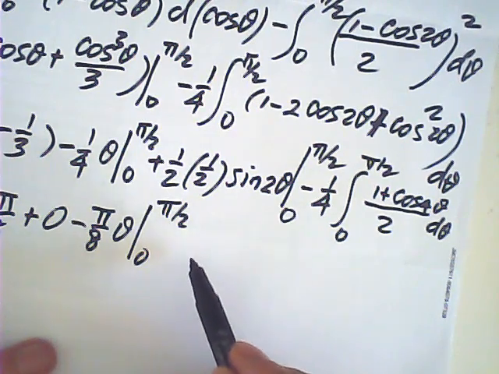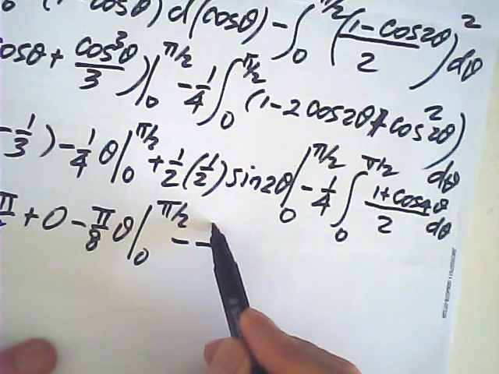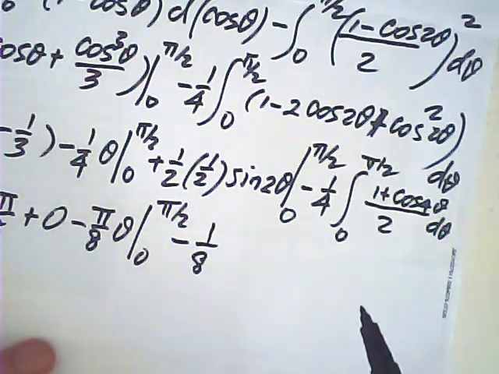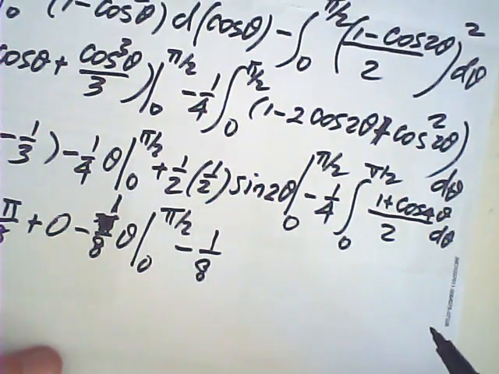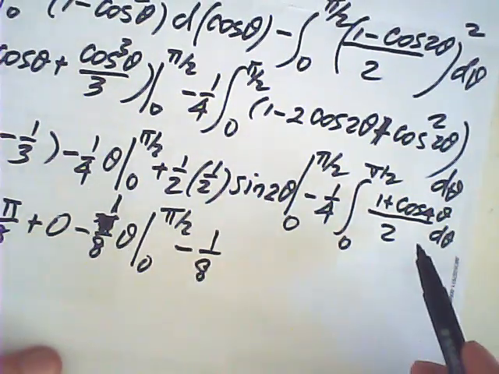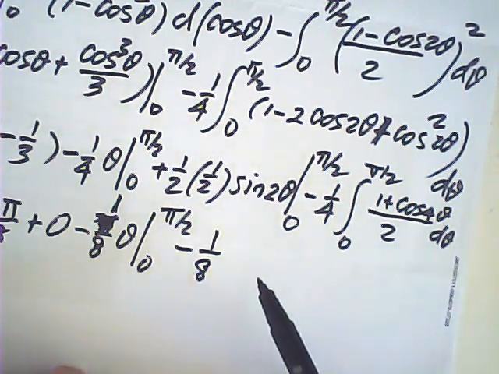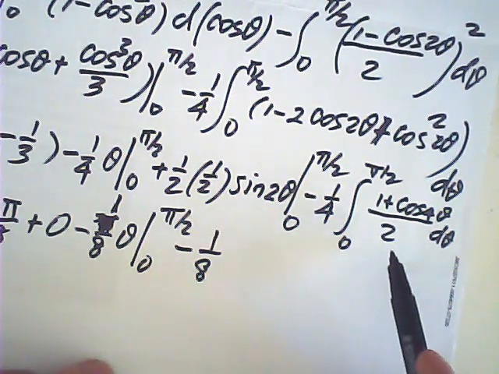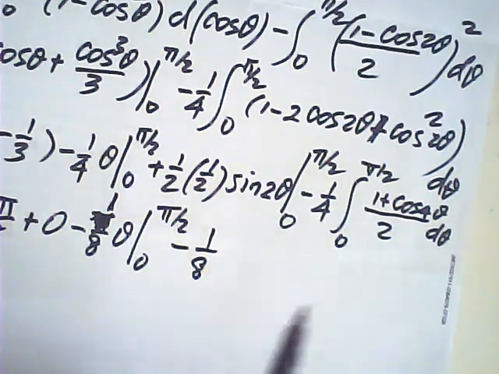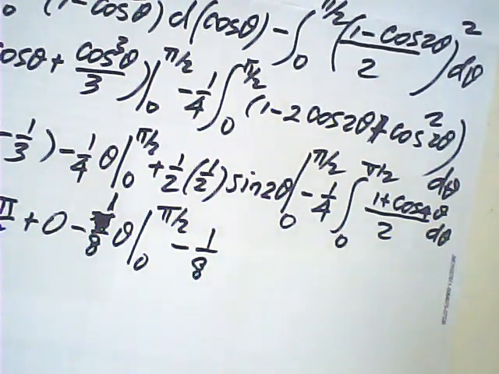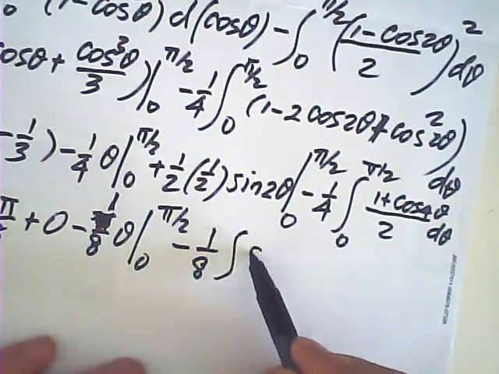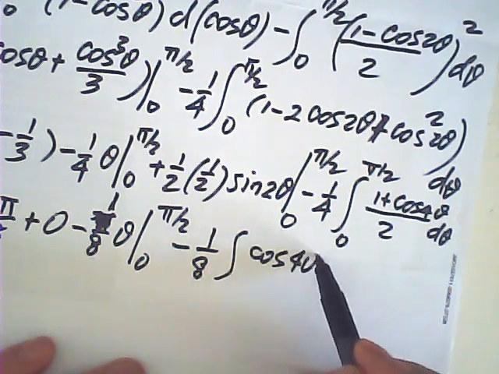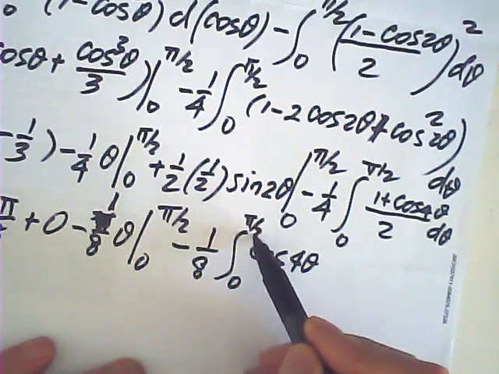And the next 1/8 pi. 1/8 integral cosine 4 theta from 0 to this one.